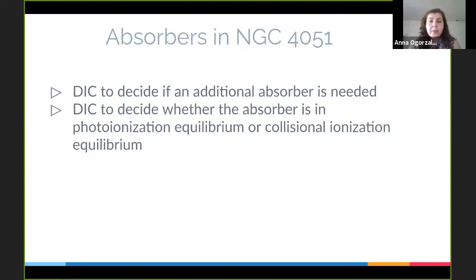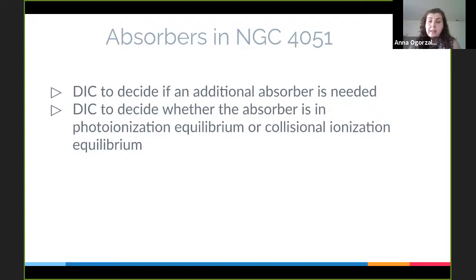Here again, we use the DIC to decide whether or not an additional absorption component is required. We keep on trying to add an absorber until the evidence does not support it anymore, providing a clear cut to what the data is capable of telling us. Furthermore, we consider that the absorber may be in two different physical states. Firstly, we consider the typical photoionization equilibrium, where photons emitted in the black hole environment set the ionization balance.